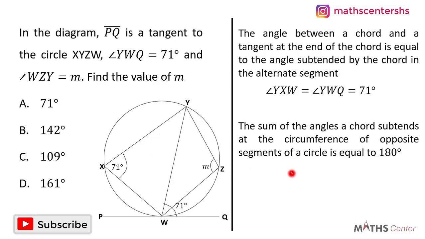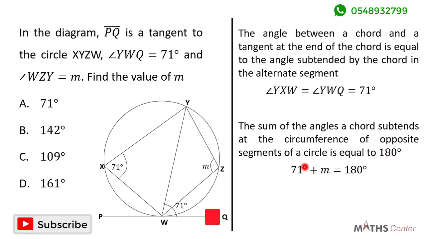The theorem says that the sum of the angles that a chord subtends at the circumference in opposite segments of the circle is 180 degrees. So the chord WY subtends this 71 degrees angle here at the circumference in this segment, and the same chord WY subtends this angle here, M, at the circumference in this segment. If we add these two angles together, we will have 180 degrees.